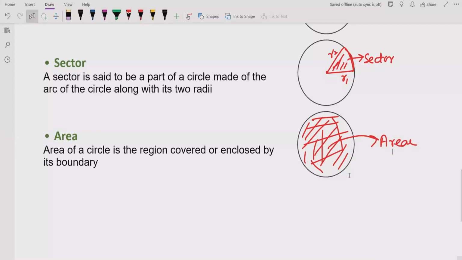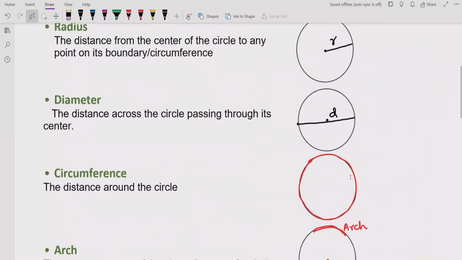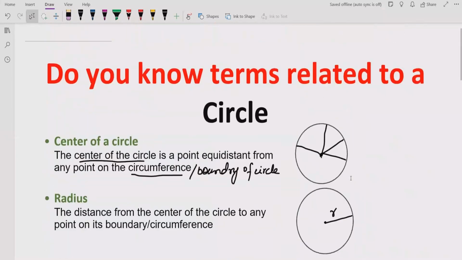Now let's recall all the parts. The center is the point which is equidistant from any point on the circumference. If we draw multiple lines from it to the circumference, all the lines are equidistant. So this is called the center of the circle.